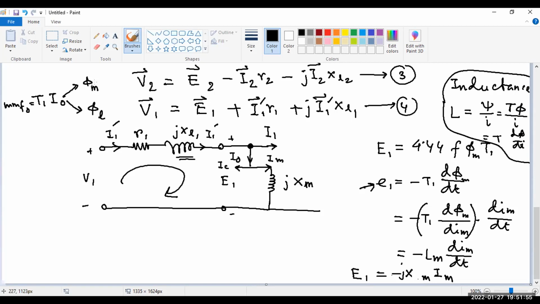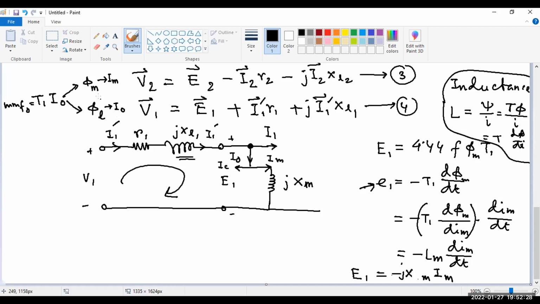Now this mutual flux depends on one component of I naught, that is Im only, and the leakage flux depends on the whole value of I naught. Therefore the ratio of T1 φm by Im is basically Lm, and the ratio of T1 φL by I naught is basically the leakage inductance.